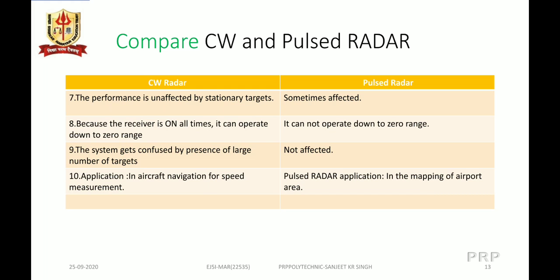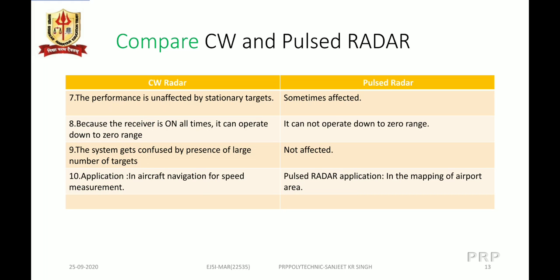In continuous wave radar, because the receiver is on all the time, it can operate down to zero range. Zero range is one of the advantages of continuous wave radar, whereas the pulse radar cannot operate down to zero range.